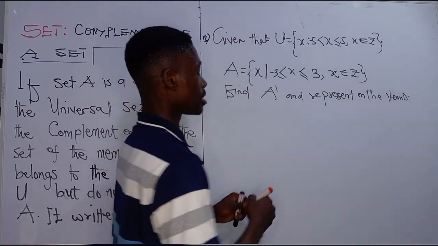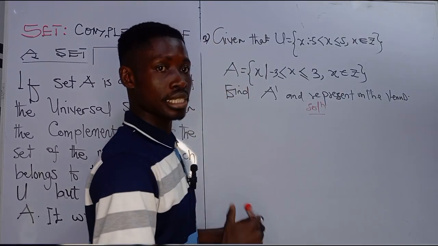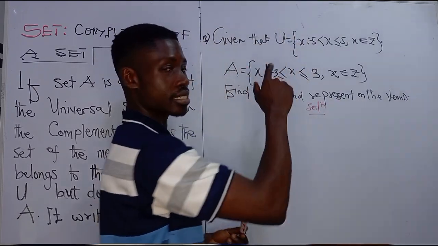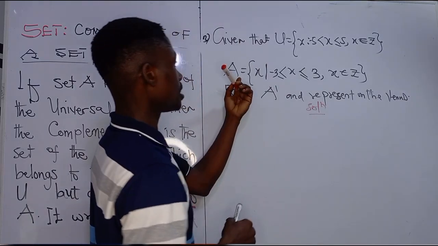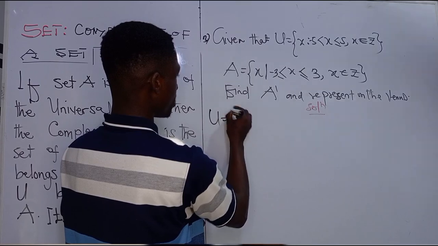So what we are going to do is first list the elements of the universal set, and then list the elements of set A.